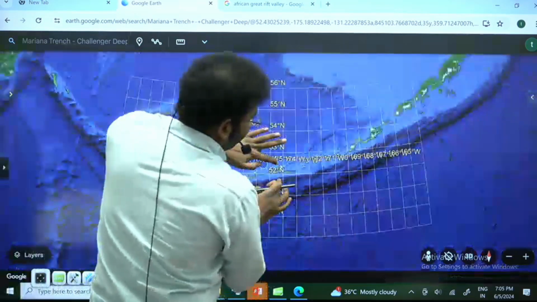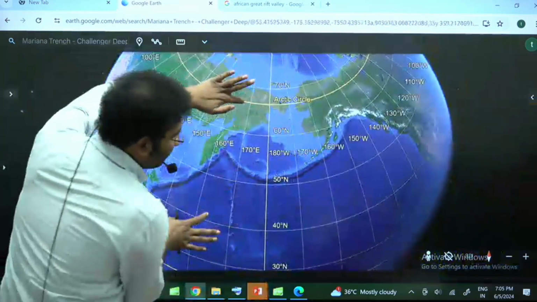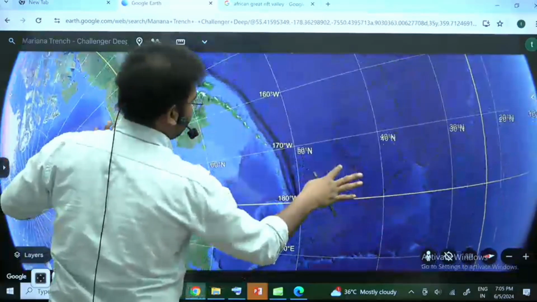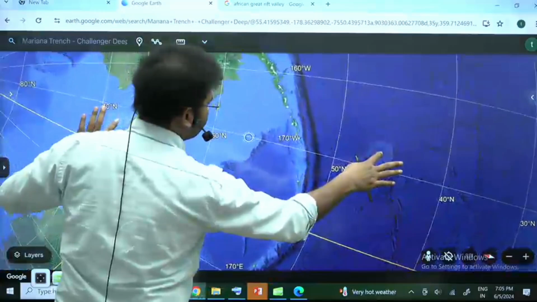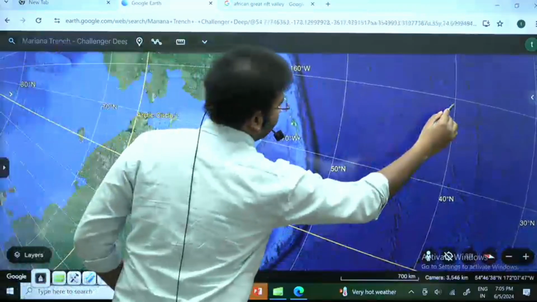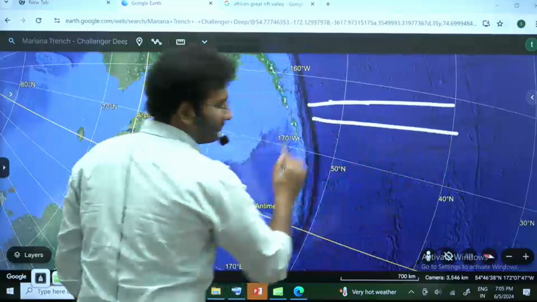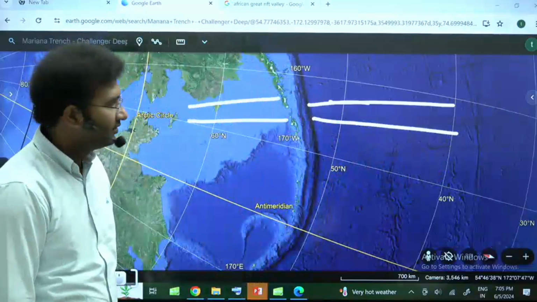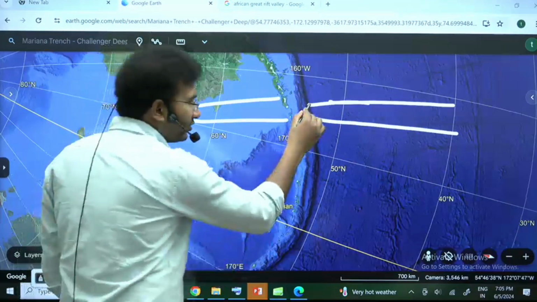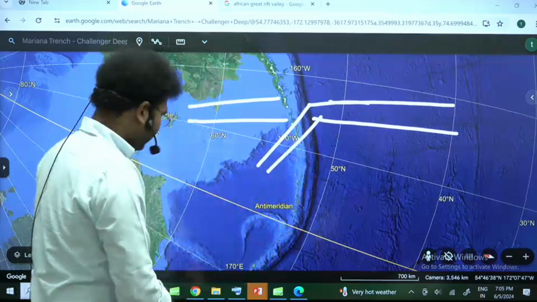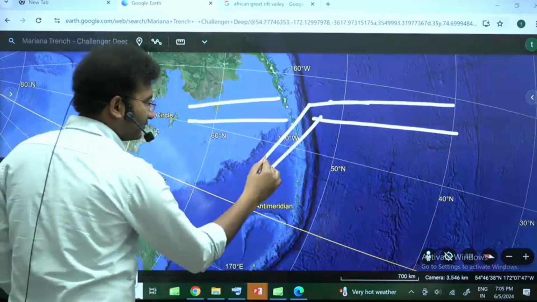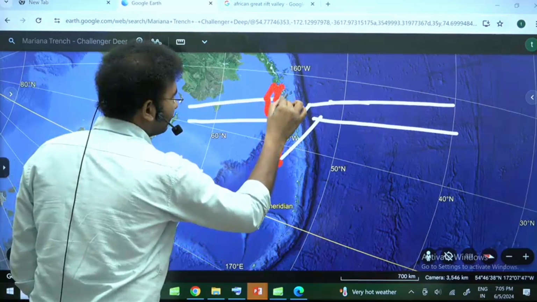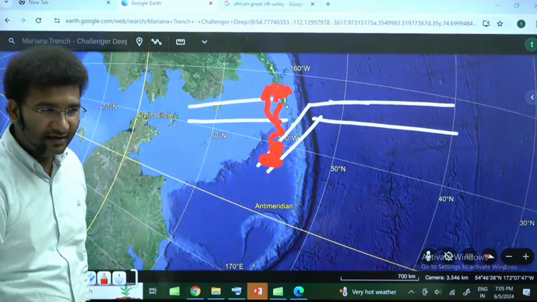See, look here. If I am turning like this, I'll tell you how these islands are formed. This is oceanic plate. This is also oceanic plate, right? Older oceanic plate जो है, this is older oceanic plate. It is getting sinked. Now when it is getting sinked, what happens? Melting is taking place. That means here there is rising island, mountains.